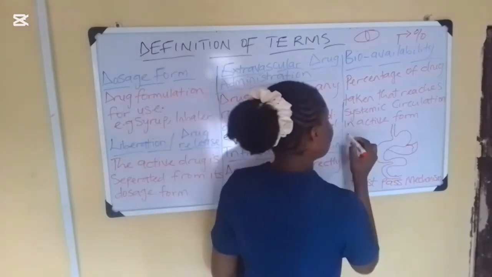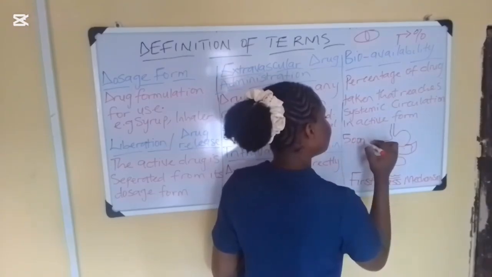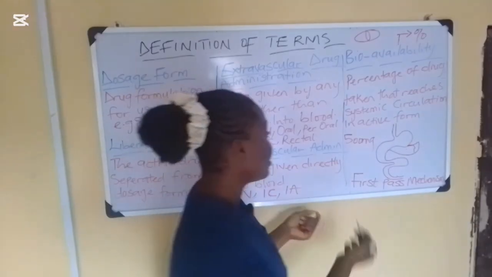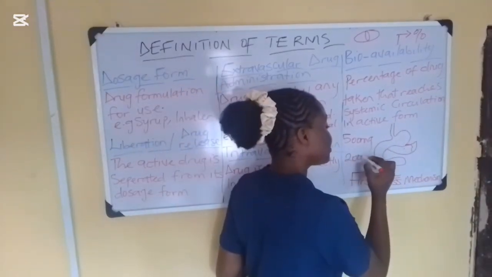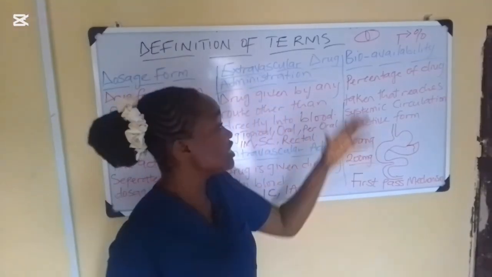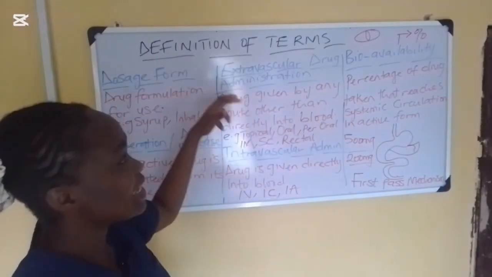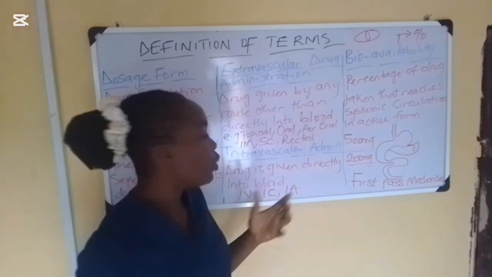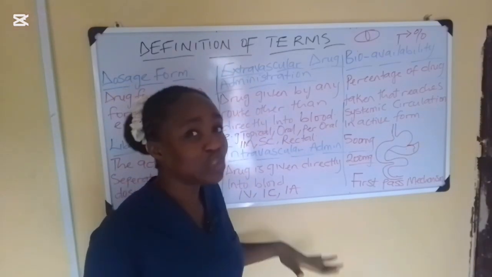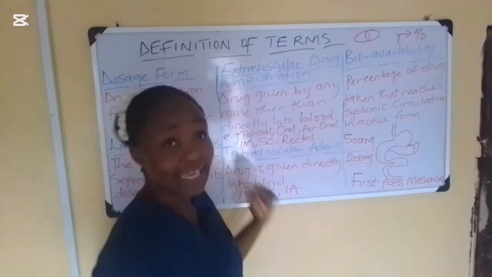It means that if I take a paracetamol of 500 mg, at the end of the day, what might eventually get to the systemic circulation is 200. This bioavailability and first pass effect usually happen to drugs that are taken extravascularly. For a drug that is taken directly into the bloodstream, there is no first pass effect.